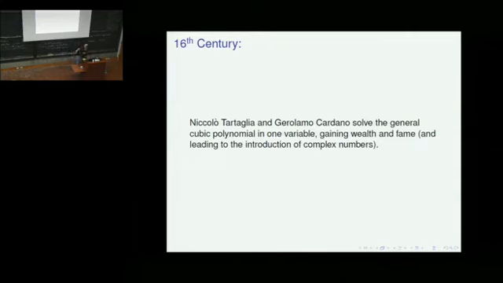And Tartaglia, for example, who was the reigning champion of solving cubics for a long time, still didn't have the solution of the most general cubic. Someone else came along who figured that part out and cleaned his clock. And he died actually penniless as a result of this. So before you publish your next paper, bear that in mind.